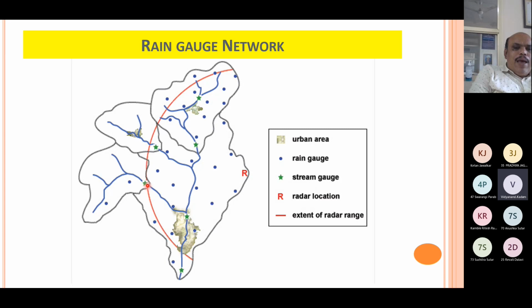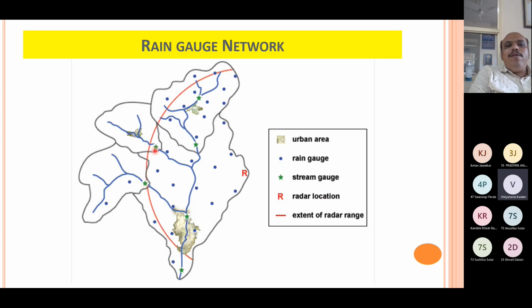This watershed has a primary stream, and this primary stream is fed by two more streams. This star symbol indicates the outlet of the catchment, and we know that at the outlet of the catchment, the discharge, the runoff, is recorded.